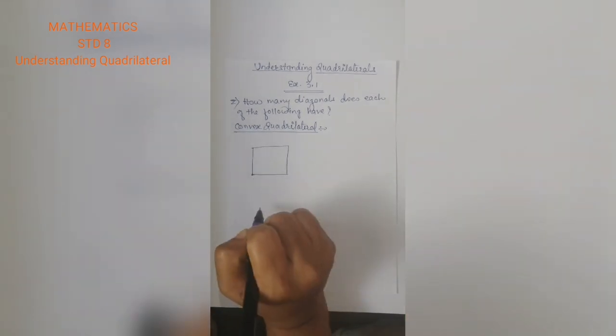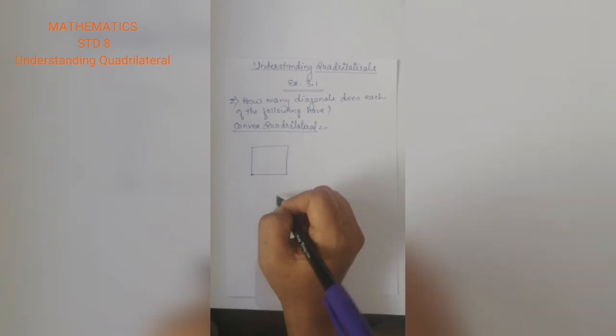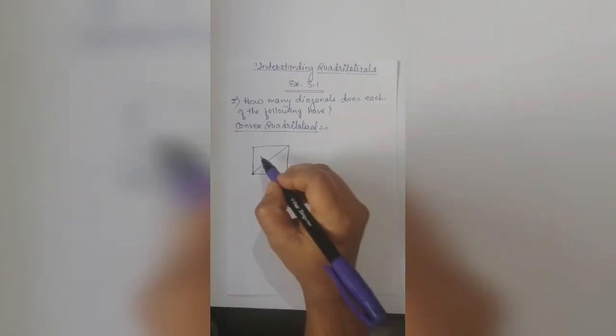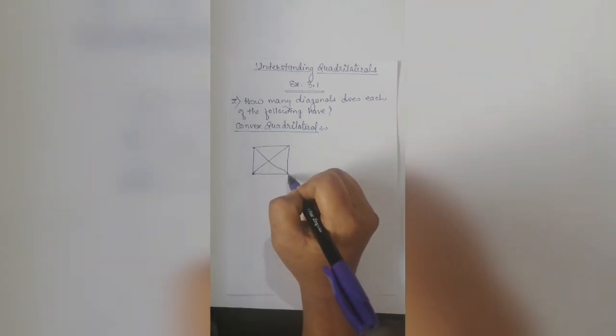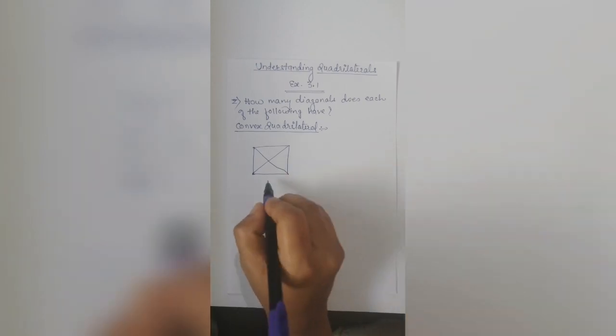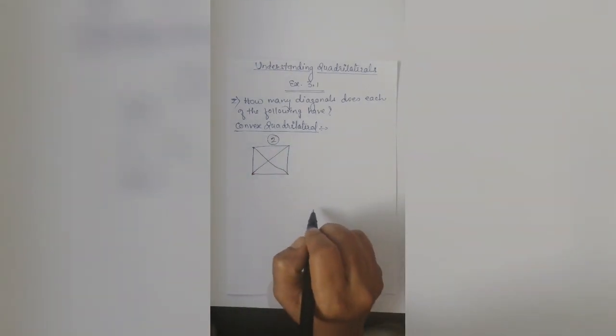Now if you have to find the number of diagonals, this is 1 and this is 2. That means in a convex quadrilateral there are two diagonals which can be drawn.